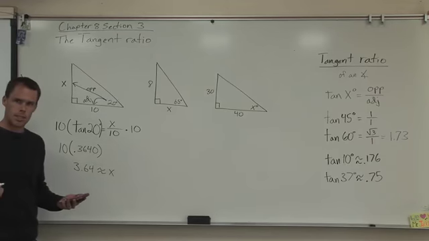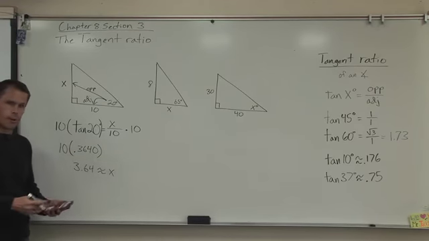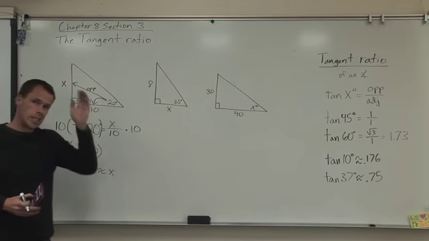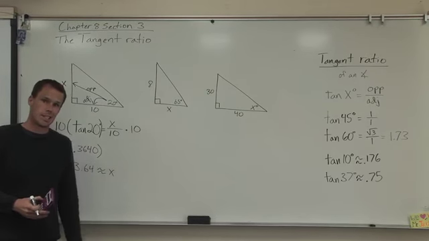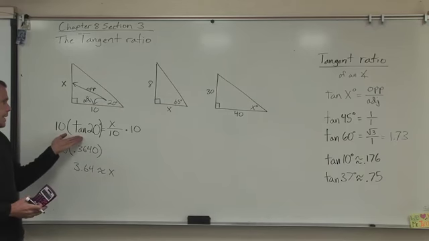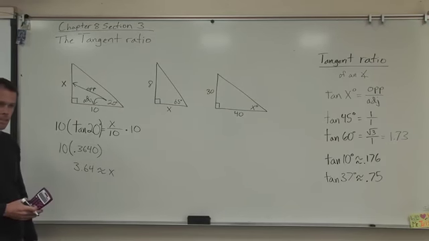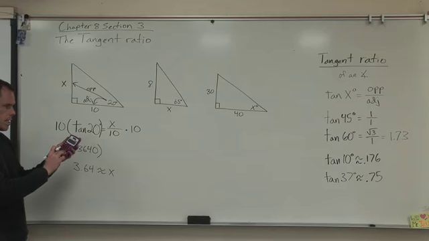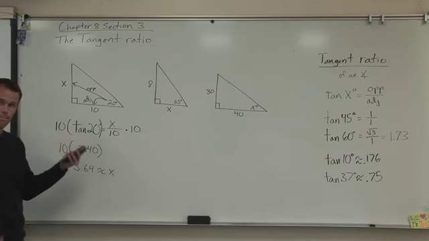I just found the opposite side. X is 3.64 because the tangent ratio is always the same for 20. The tangent of 20 is x over 10, and we have solved this. I could do the whole thing on the calculator: I could type in 10 tangent 20, and it will tell me 3.64.